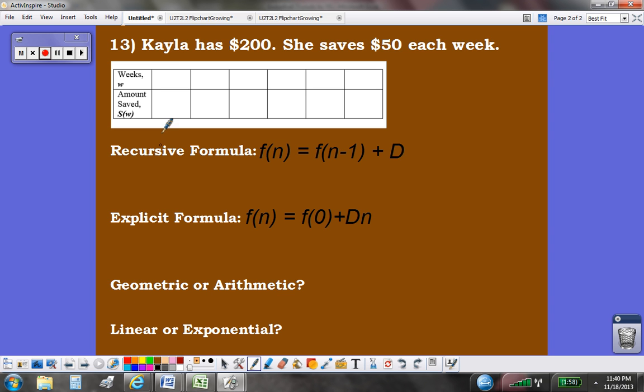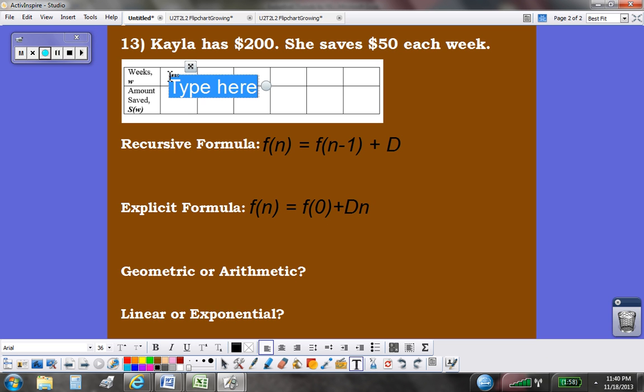Okay. This time we have Kayla has $200. She saves $50 each week. So again, I'm going to start with 0 term. So if 0 weeks have passed, how much money will she have? That's the beginning, 200. Okay. And then from there, I'm just going to add on 2, 3, 4, 5 weeks, and each time she saves 50.